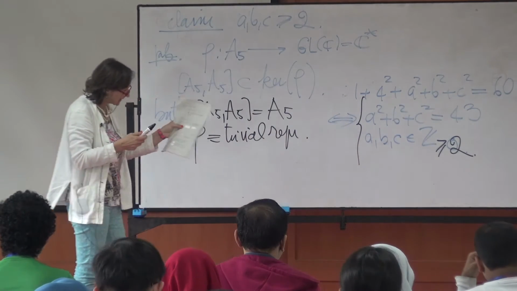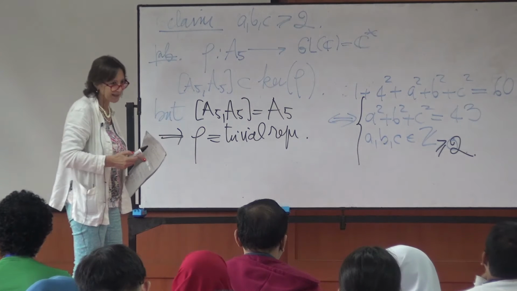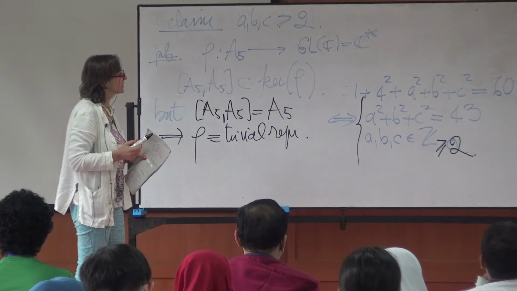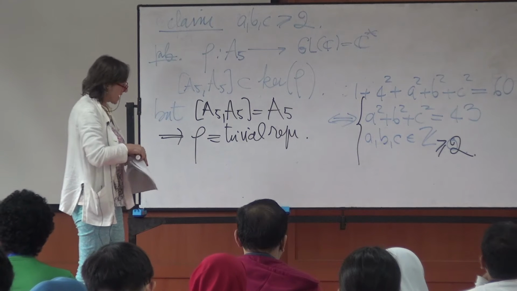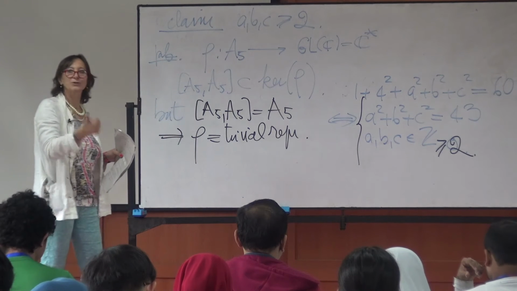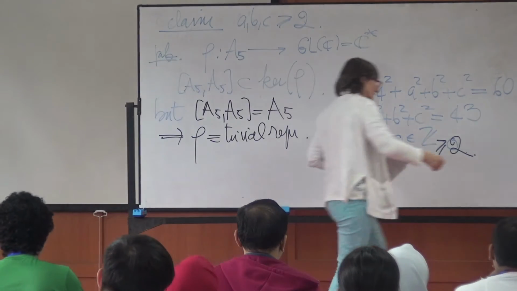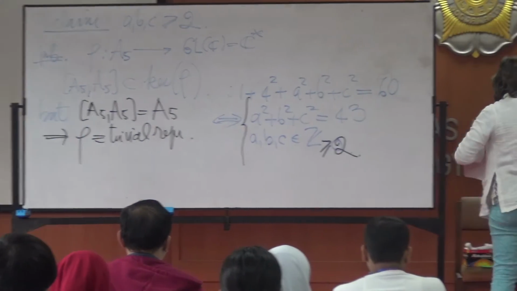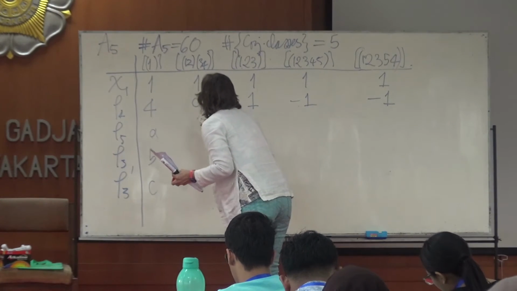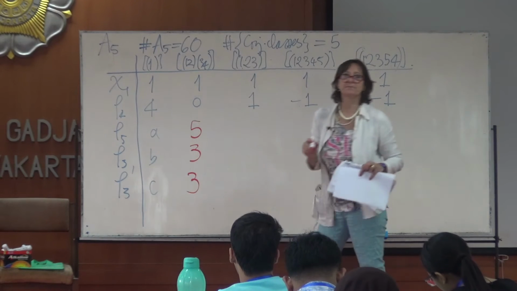If you do a little bit of case study, you realize that the only solutions of these equations are, up to permutation, A equal to 5, B and C equal to 3. So here we fill in 5, 3, and 3.